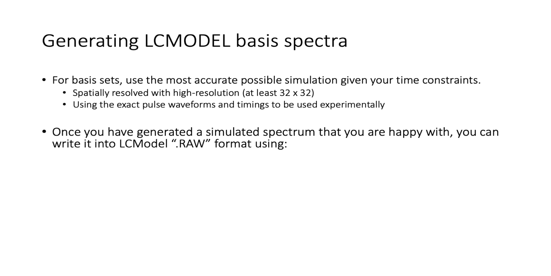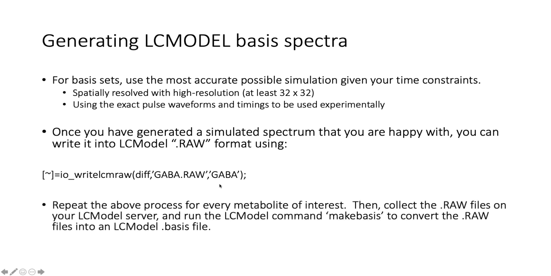Once you've generated a simulated spectrum that you're happy with, you can write it into the LCModel .raw format using the io_writelcm function, and that will take your final simulated spectrum, here we're calling it diff, and turn it into a text file called gaba.raw that you can then import into a basis set in LCModel.